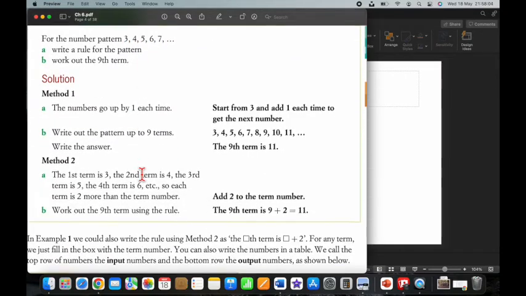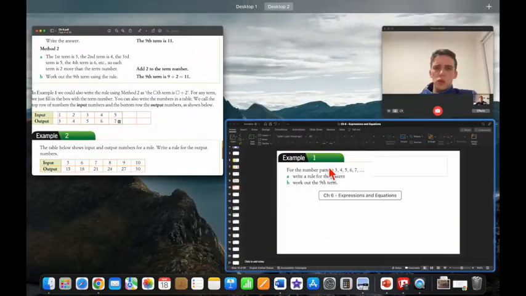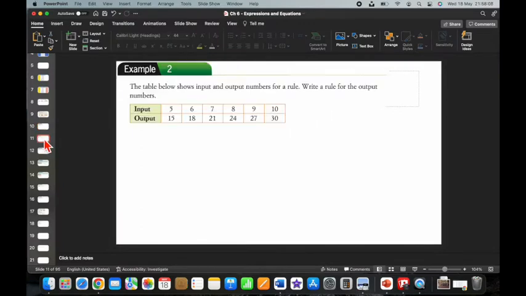All right, let's go down and have a look at example 2. I'm going to come back to this slide here. Example 2 says, this table below shows input and output numbers for a rule. Write a rule for the output numbers. Okay, so very important.